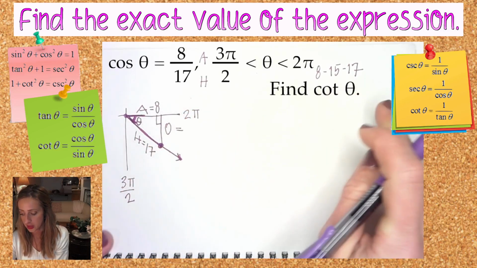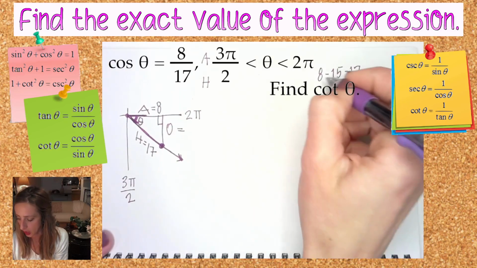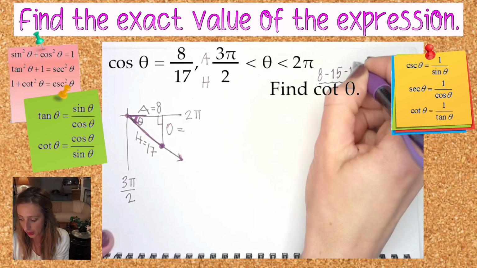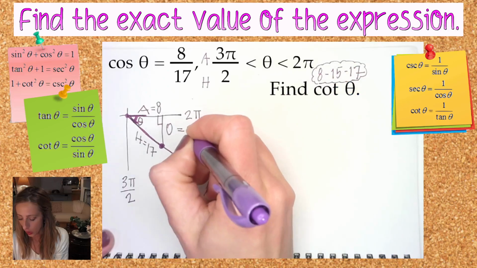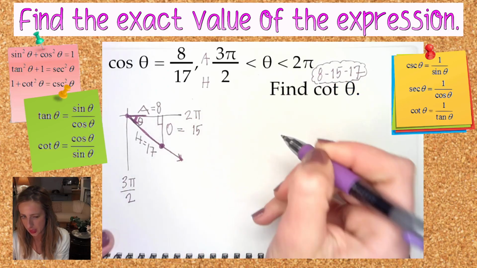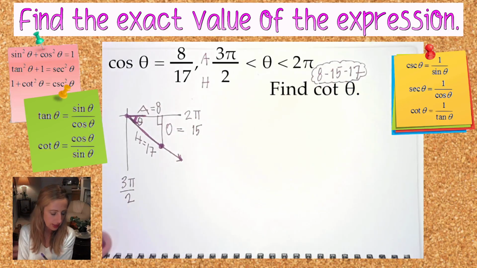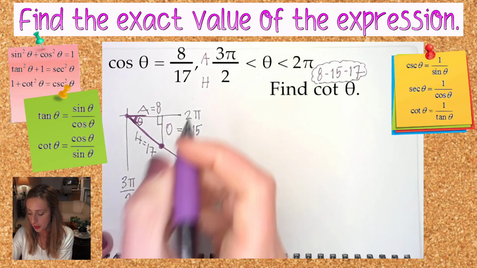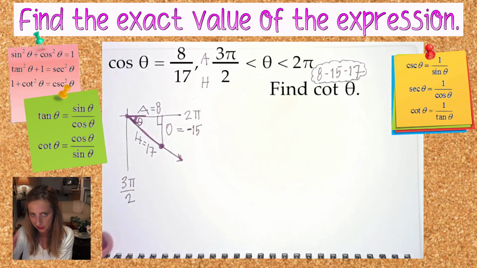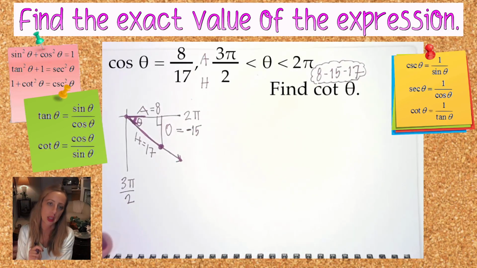We also referenced 8, 15, 17 as our handy dandy Pythagorean triple. Now, while I might want to just go ahead and label this as 15, that's not quite enough. Because we're going down and we're in quadrant 4 over here, you need to remember, be a smart one and put a negative on that 15. Over 8, down 15, hypotenuse is 17.